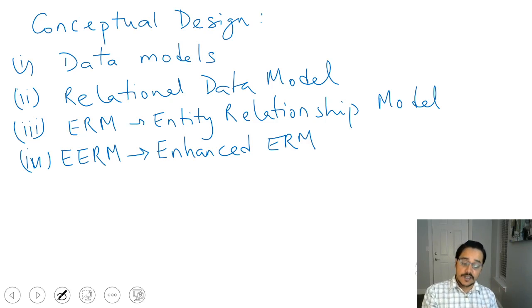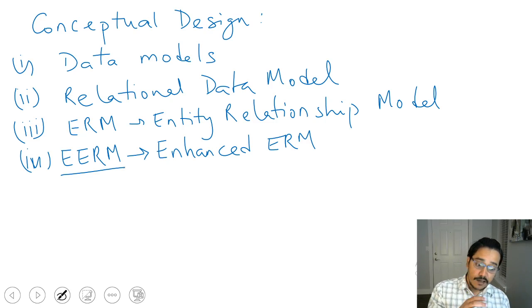Whereas this topic of EERM, in addition to helping us learn how to introduce object-oriented concepts, will also talk about some of the basic design flaws that you can encounter when you are working on conceptual design and how to avoid them. Okay, so that will mark the end of generating a conceptual design.